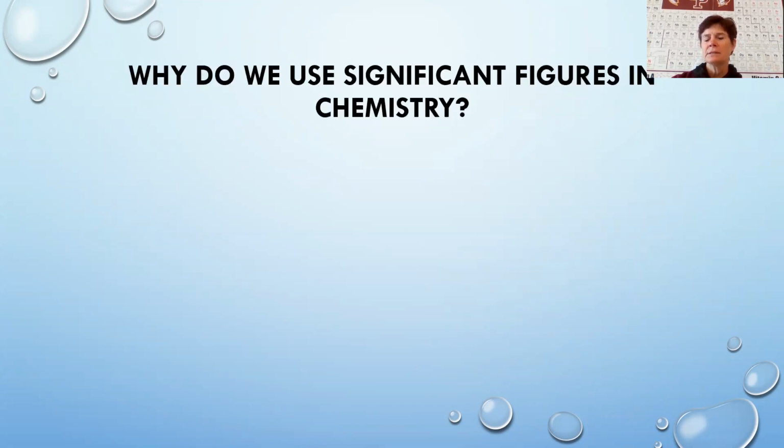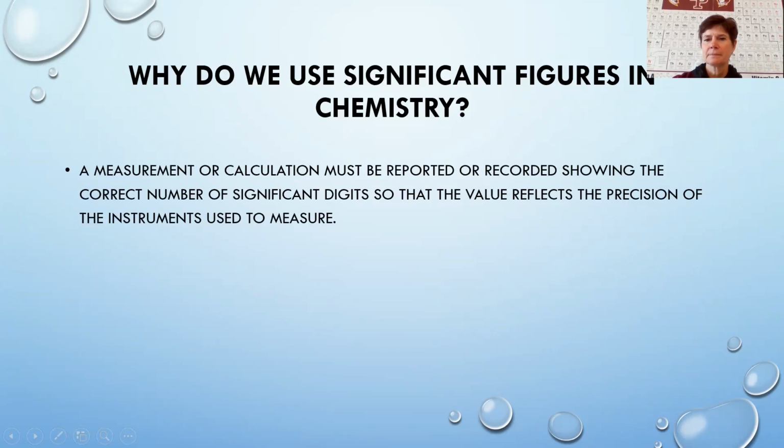Why do we use significant figures in chemistry? The answer to that question is pretty simple. A measurement or calculation has to be reported or recorded showing the correct number of significant digits so that the value reflects the precision of the instruments used to measure.